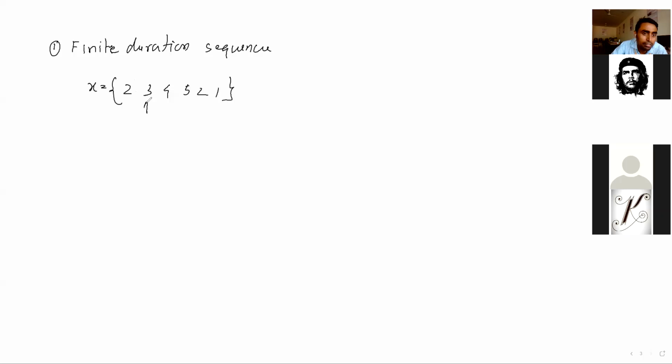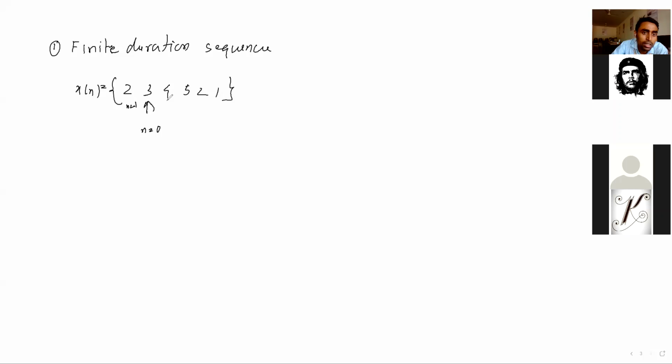If the arrow is given like that, this is x of n. If the arrow mark is here, then this is for n equal to 0, and this is for n equal to -1.